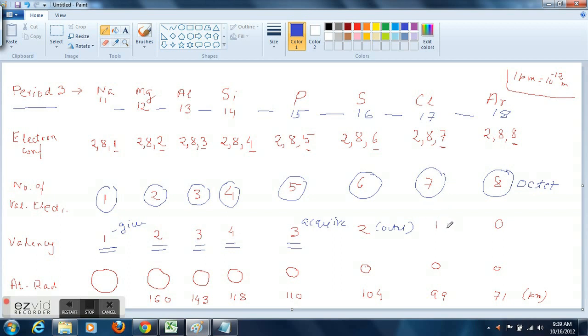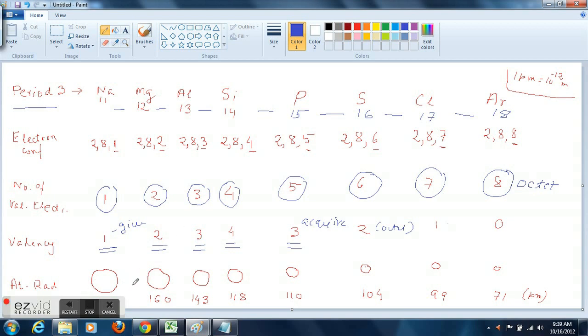For chlorine, it has 7 electrons, so it will be easier for it to gain 1 electron to form an octet. Argon has already reached its octet, its final goal, so it will never enter into a chemical reaction. So they are inert gases. Helium, neon, argon, they are all inert gases.